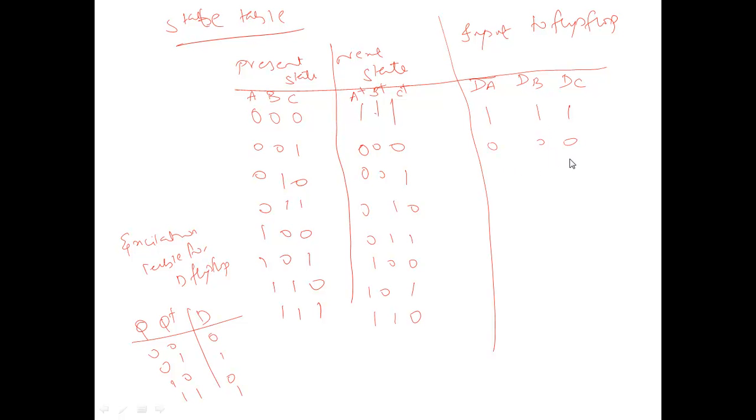For all the other flip-flops you have to see the excitation table, whereas only for the D flip-flop the next state is the same as the input to the flip-flop. So I have next state A plus, B plus, C plus as 1 1 1, and I write the inputs to the flip-flops DA, DB, DC as 1 1 1 directly. Similarly for 0 0 0 I write 0 0 0. Next is 0 0 1, I write directly 0 0 1, then 0 1 0, 0 1 1, 1 0 0, 1 0 1, 1 1 0, over.